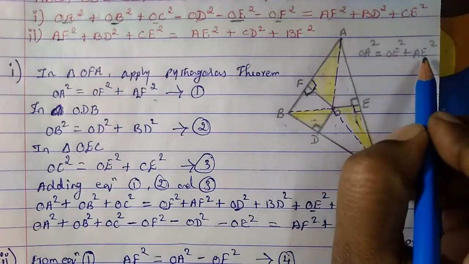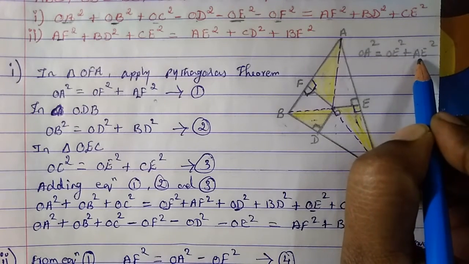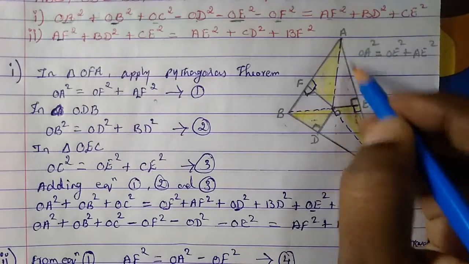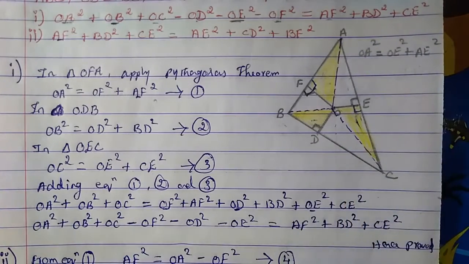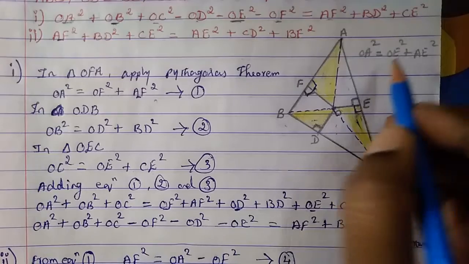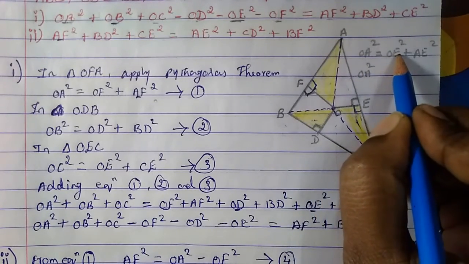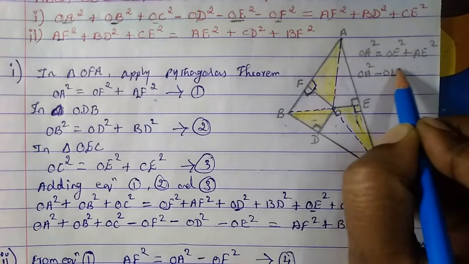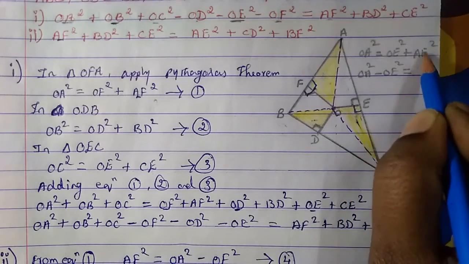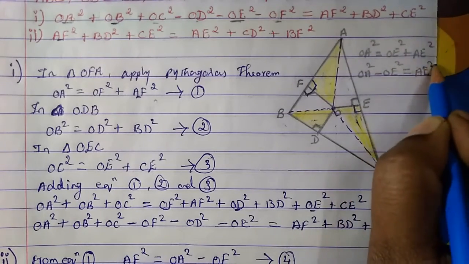Now if you keep AE square here only, and bring OE to this side, it becomes minus OE square, equal to AE square.